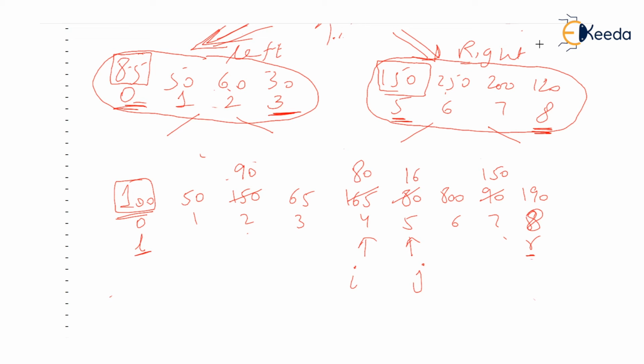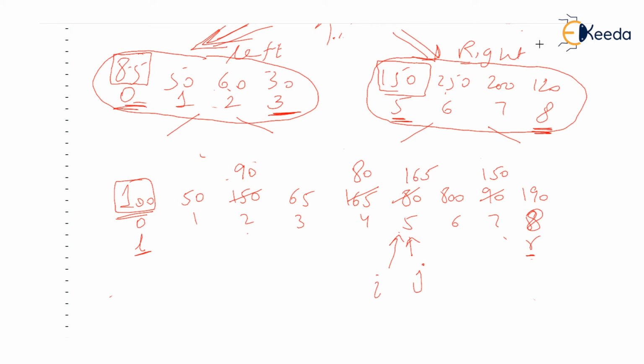Let's continue increasing I again till we get first value greater than 100, and it will immediately stop at fifth place. It was at fourth place, but it will stop at fifth place because fifth place is storing 165, which is greater than 100. So this is the fifth place where I has stopped. It's the turn of j now.